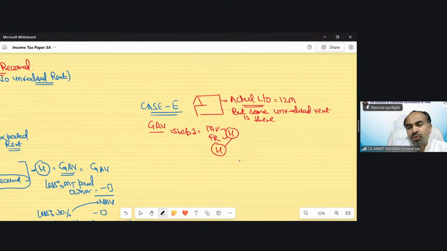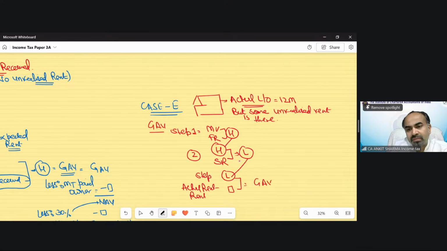This higher needs to compare with standard rent. Step number 2, same, no difference. The lower value. Step number 3. This lower value needs to be compared with again same value, actual rent received. And the higher would be GAV. After GAV, same process. Reduce municipal taxes, reduce interest, reduce deduction.